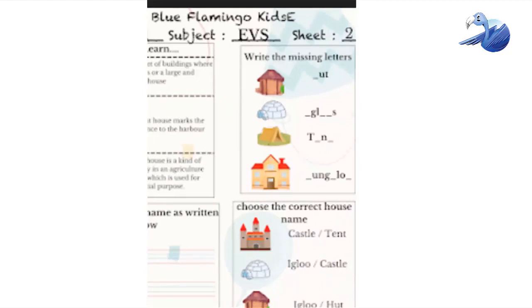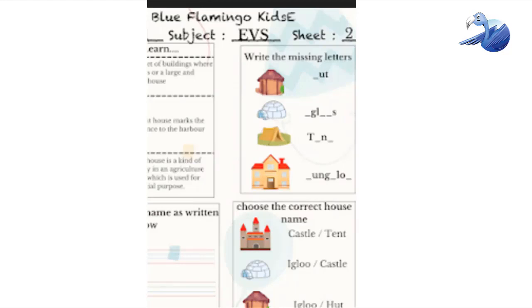In this first picture, which picture is this? Hut. H-U-T, hut. We also know it as kacha house. Next is igloo.